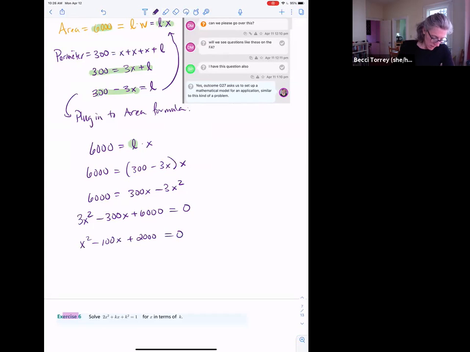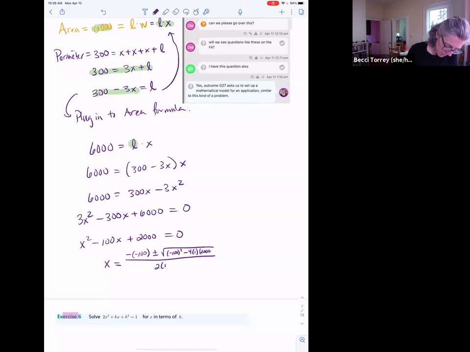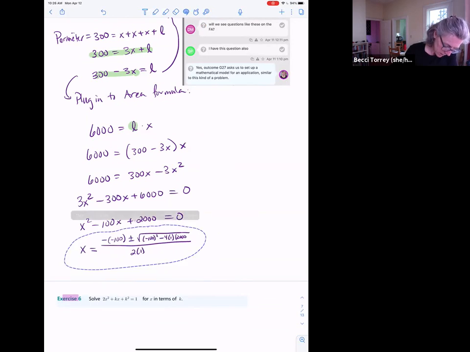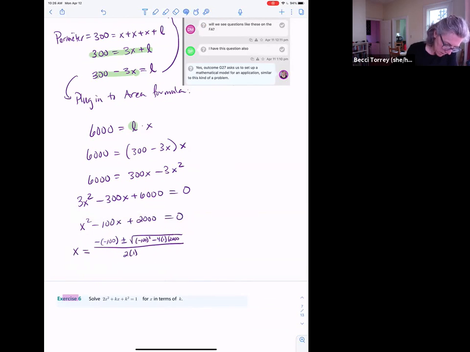And then I'm guessing probably we can't factor this because we're in the quadratic formula section. So we would do x equals negative b, so that's negative a negative 100, plus or minus the square root of b squared, 100 squared, minus 4 times 1 times 2000, divided by 2 times a, which is 1. Oh, I'm running out of space. This is terrible. Let's move this over a little bit and then come up here.